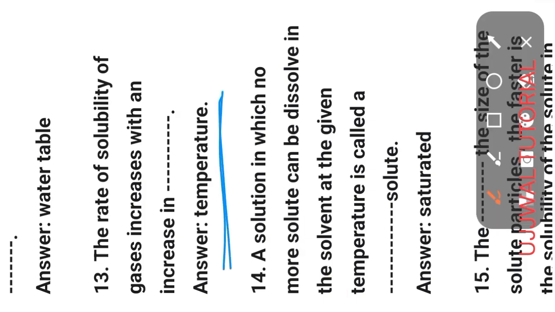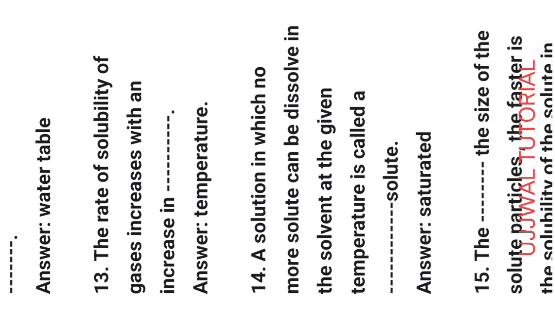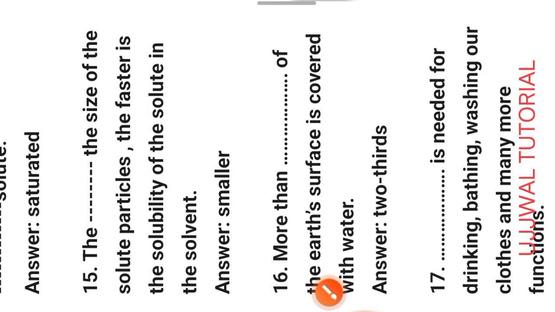Next question. A solution in which no more solute can be dissolved in the solvent at the given temperature is called a dash solution. Saturated solution. Next question, question number 15.